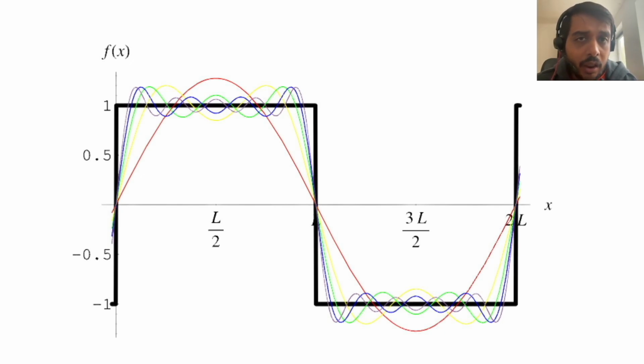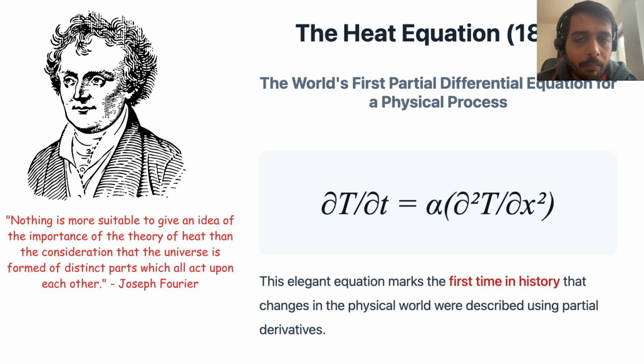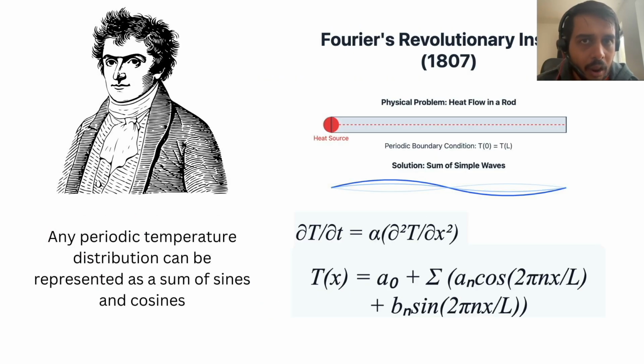So, although the heat equation has nothing to do with periodic functions, it was the same equation that led Fourier to describe how all periodic functions behave and discover the underlying mathematical truth that any periodic function can be represented in a way that we will see in the Fourier series.